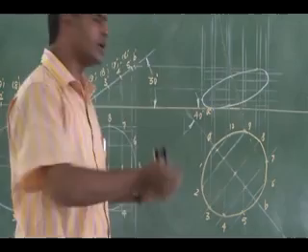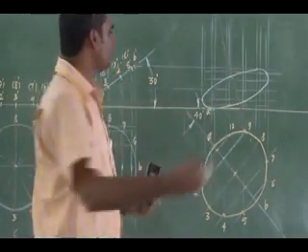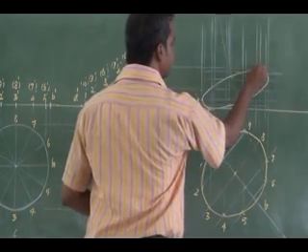Get a smooth curve, otherwise you erase it and do it again, then you darken it finally.